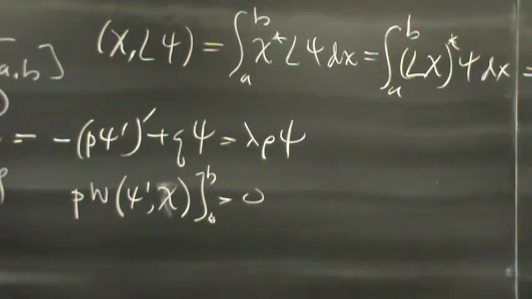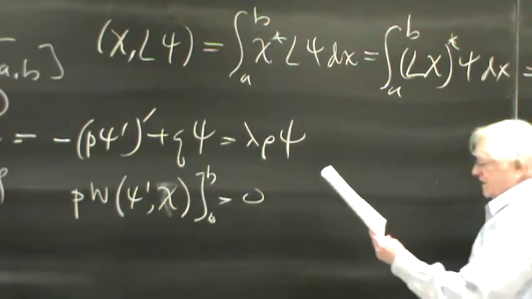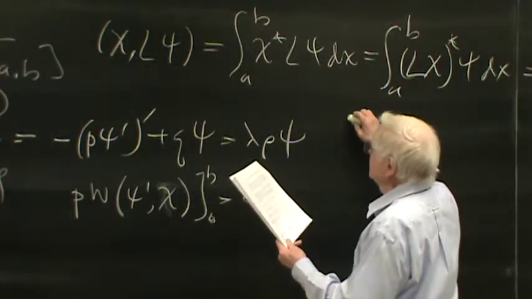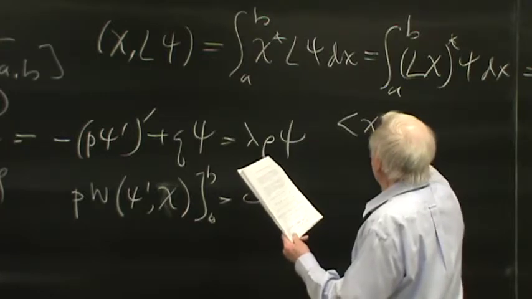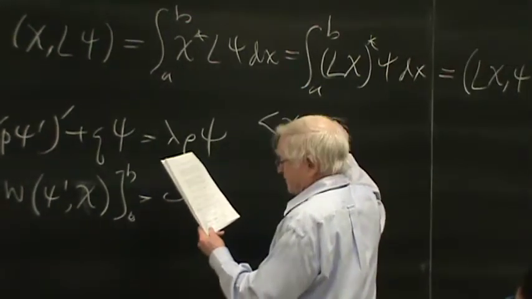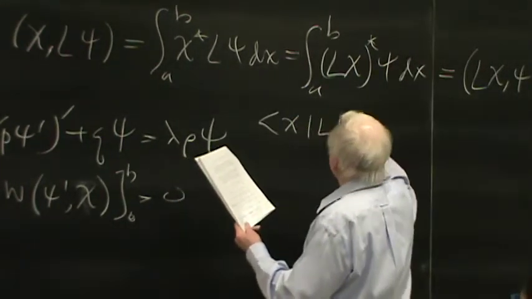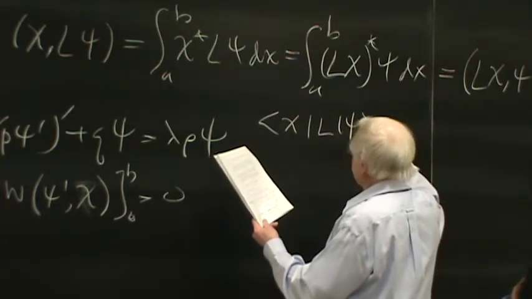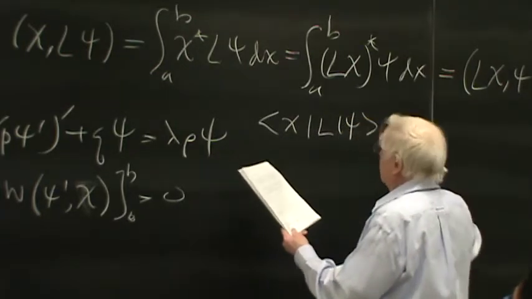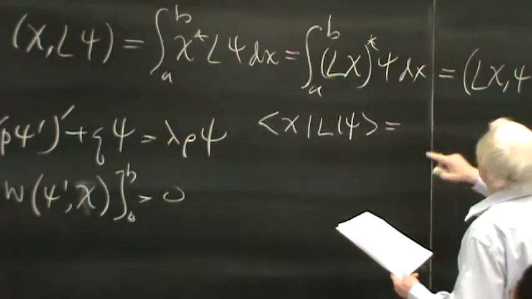And if you want to think about this in Dirac notation, you can think of it as chi L psi, that's the left-hand side.